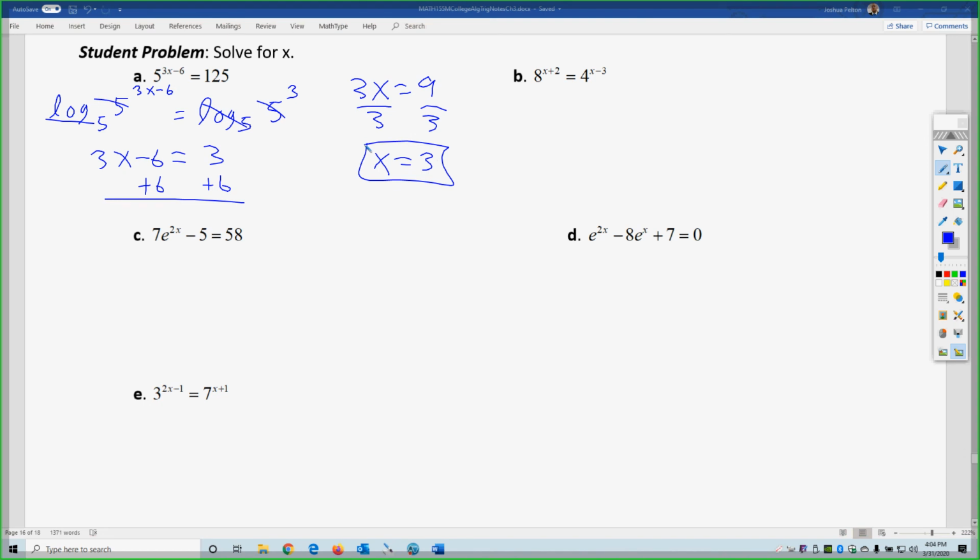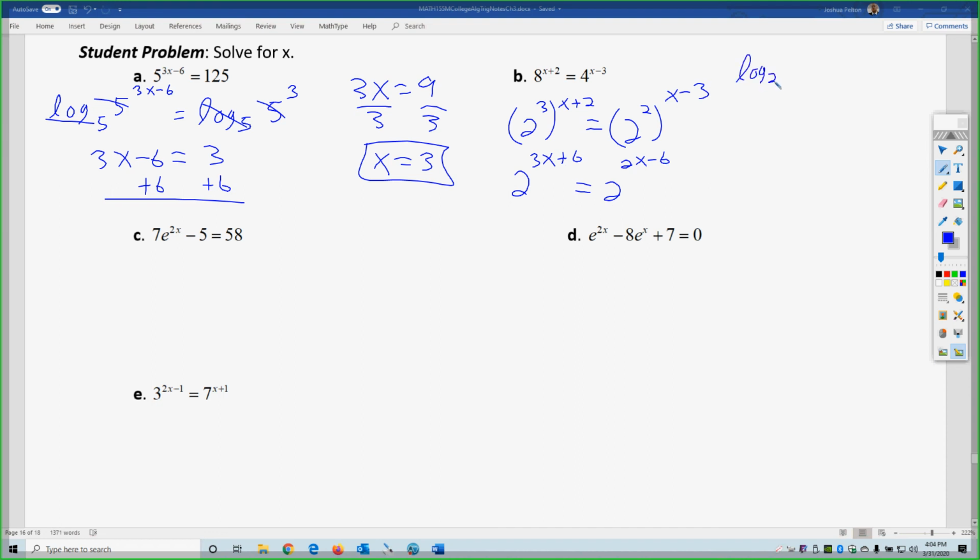And we're good. All right, next one, 8 and 4, they don't match. But they have a common factor of 2, because that's 2 to the third and that's 2 to the second. So now I can simplify and get 2 to the 3x plus 6. Hopefully I won't mess up distributing this time like I did last time. Okay, so I think we're good. Now we can use log base 2 on both sides.